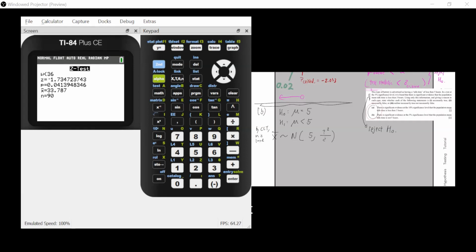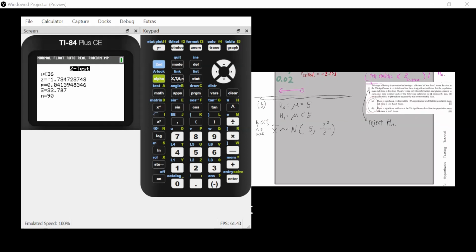How do we reject H0 again in terms of the second method, the p-value method? The p-value is compared with the significance level of 5%, or in other words, 0.05.